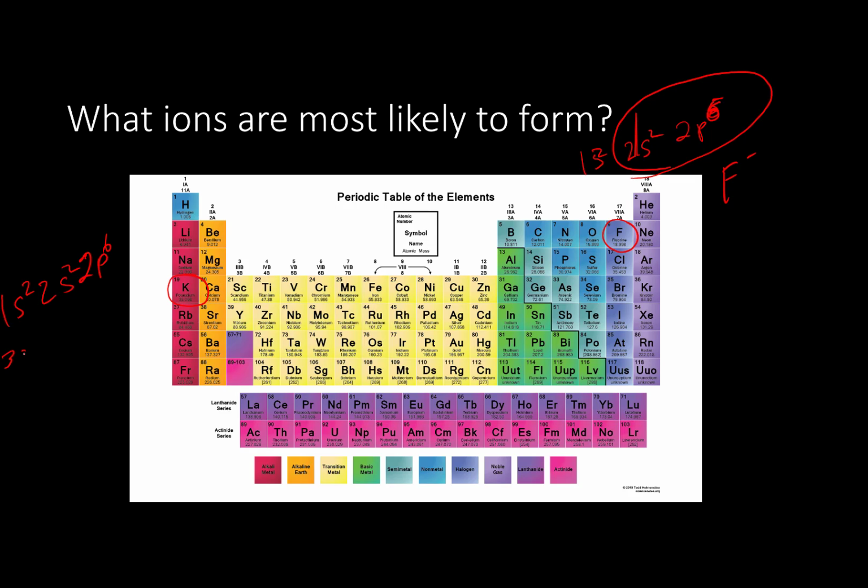Excuse me, 3s2, 3p6, and then it has 4s1. All right. Now, looking at the valence shell, the valence shell really is just this one electron. This 4s sublevel in that orbital has just one electron.